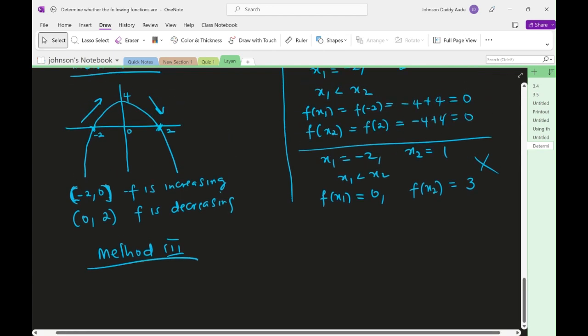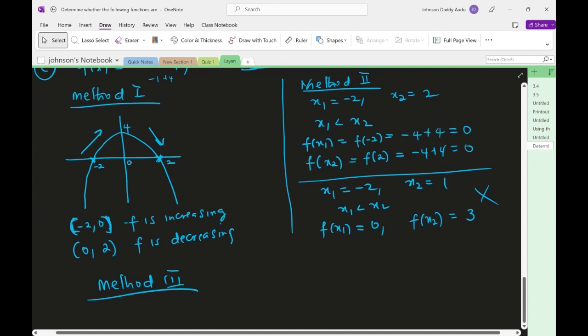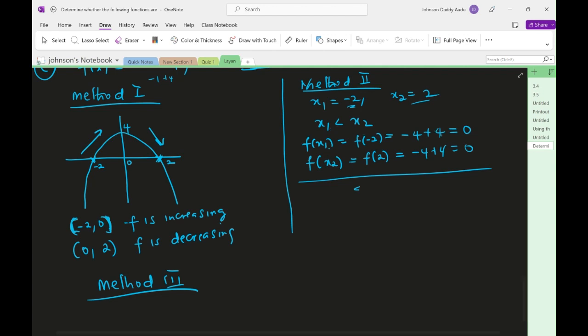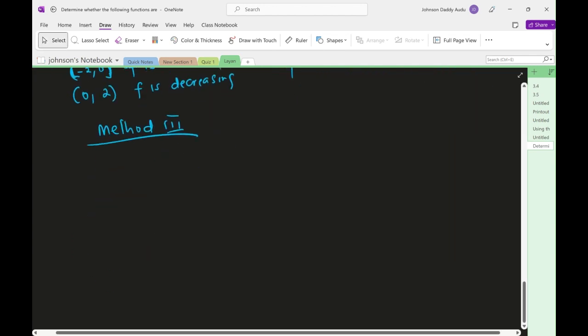Okay, so try to get this one clear. We can actually decide from here, even without doing this. You see that there is already a problem, because when we take x1 to be -2 and x2 to be this, x1 is less than x2, but f of x1 is equal to 0 and f of x2 is also 0. So you cannot conclude using this method.